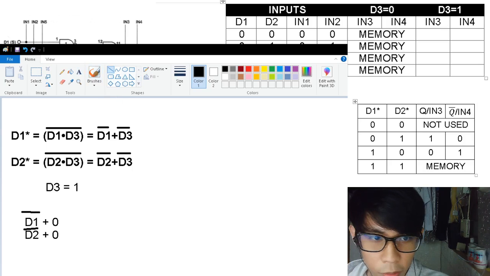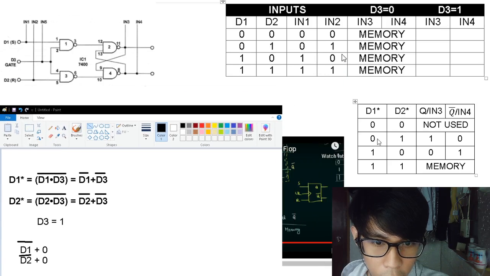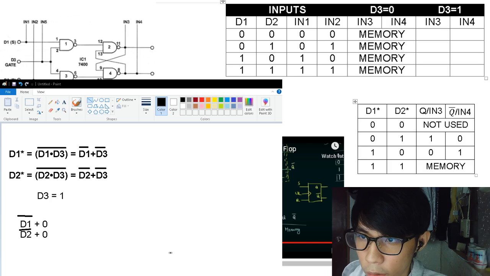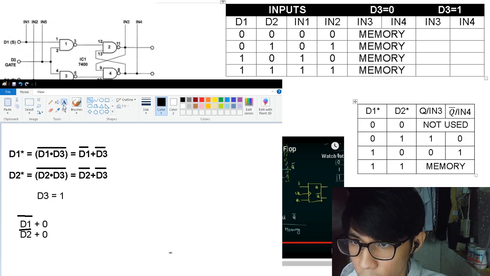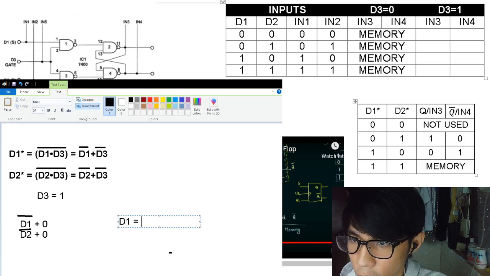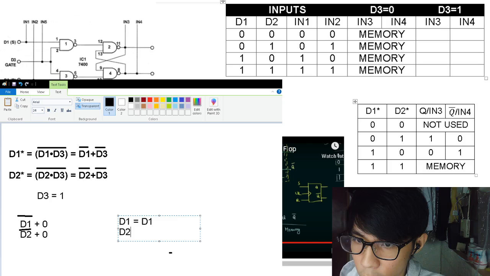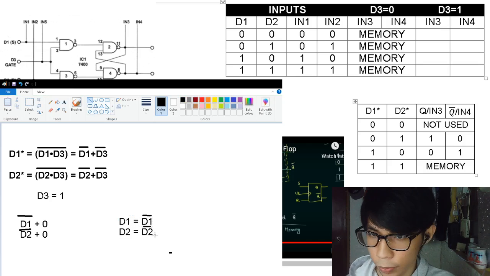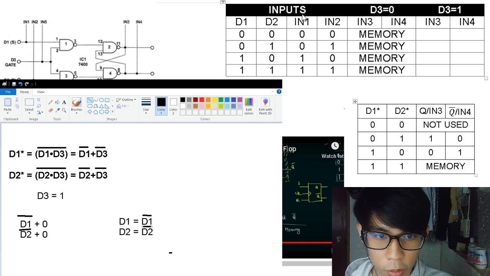Now we will find out one by one what the values are. Let's start with 0, 0. Then we can assume that D1 and D2 are complements here, so whatever the value of the input.